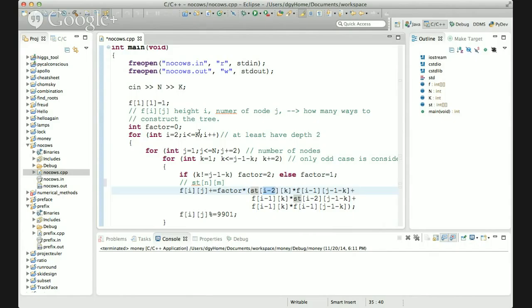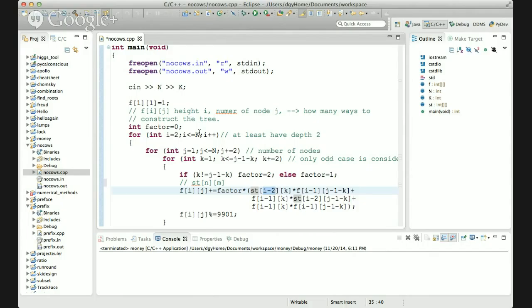Actually, you see, ST is not exactly the same as F, because F is only going to give you one solution, but I minus 2, k is actually representing Fi minus 2, k plus Fi minus 3, k plus Fi minus 4, k, blah blah blah. We use ST to record all the combinations at or below I minus 2 height.